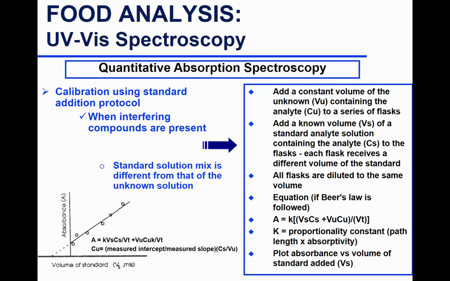It's almost impossible to prepare a blank and standard solution that has all the components your sample has except the analyte. In this case, we use a unique way of calibration, and we call it a standard addition protocol calibration. In this case, we use the sample matrix for developing a standard curve. I'm going to draw this out.